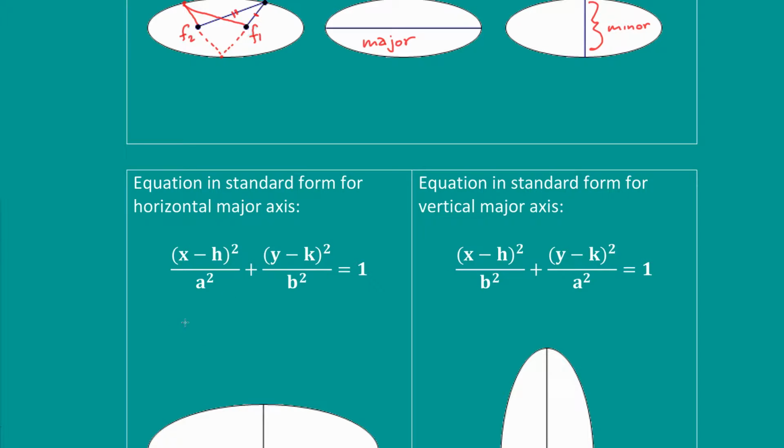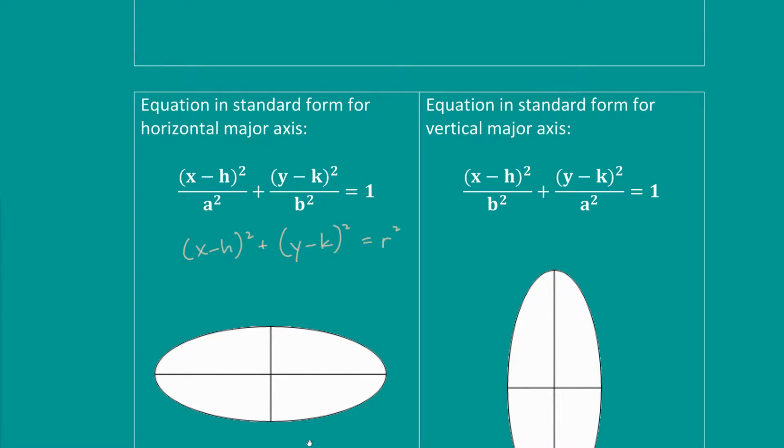If you remember, our circle formula was x minus h squared plus y minus k squared equals r squared. Well, what if we still have a radius, but this radius is going to be different whether or not you're on the major or minor axis.